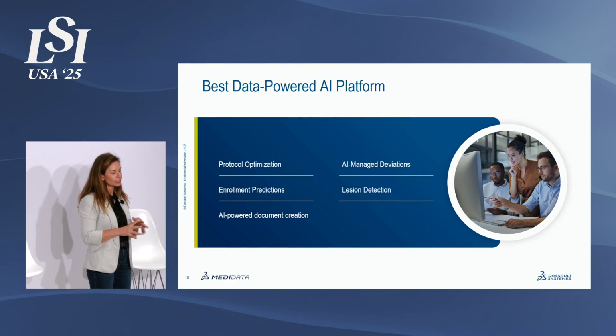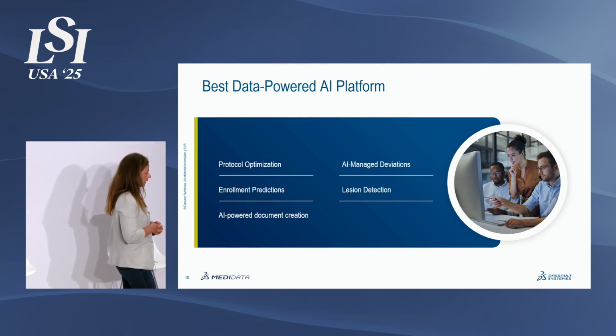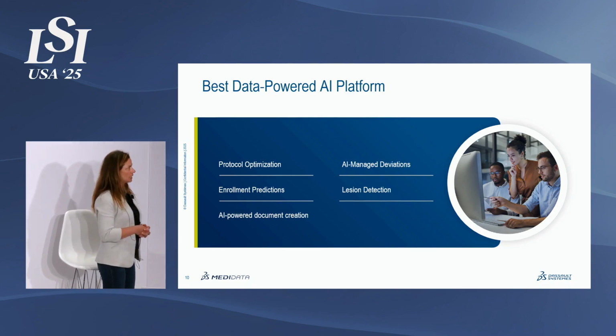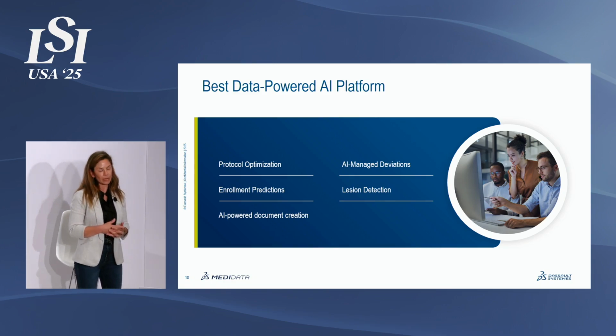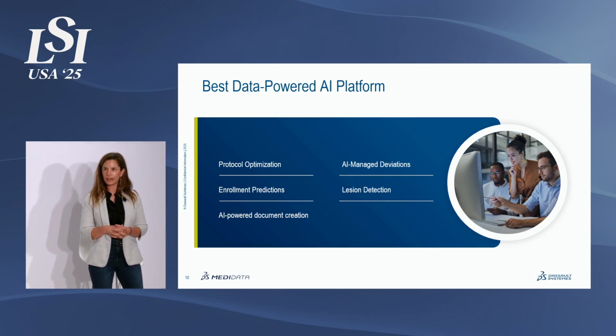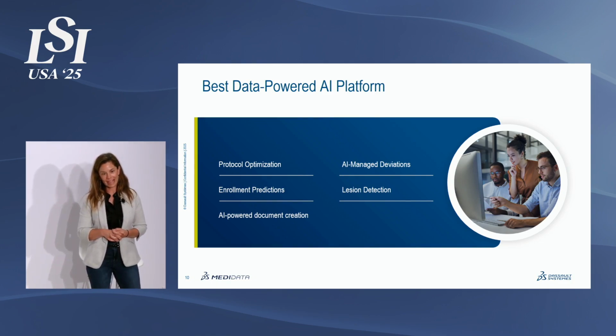We talked about earlier, protocol and statistical challenges being one of the reasons why trials fail. So at Medidata, we have supported or powered, I like to say, about 35,000 clinical trials. So we have a lot of data. And with that data, we are able to build and train AI to help our customers look at, okay, what is the best way to design my trial?